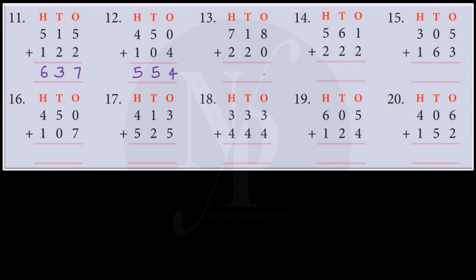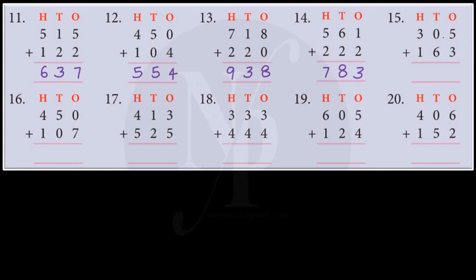Question number 13. 8 plus 0 is 8. 1 plus 2 is 3. 7 plus 2 is 9. 938 is the sum. Question number 14. 1 plus 2 is 3. 6 plus 2 is 8. 5 plus 2 is 7. 783 is the sum.